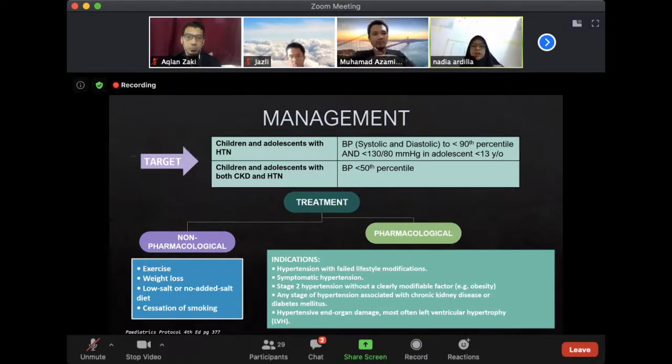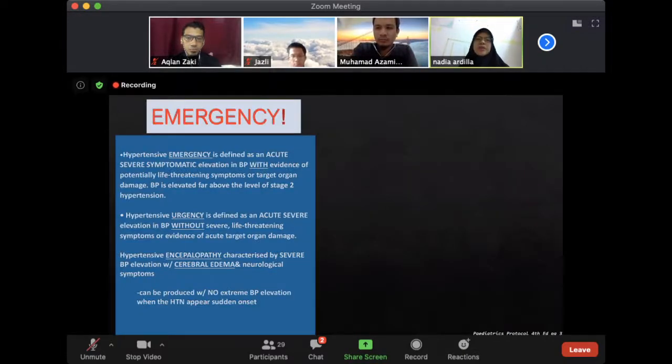We already know hypertension also has hypertensive crisis, right? It consists of hypertensive emergency, hypertensive urgency, and hypertensive encephalopathy. That's why we also need to watch out for the red flags. Hypertensive emergency is defined as an acute severe symptomatic elevation in blood pressure with evidence of potentially life-threatening symptoms or target organ damage. Usually in hypertensive emergency, the blood pressure is elevated far more than stage 2 hypertension.